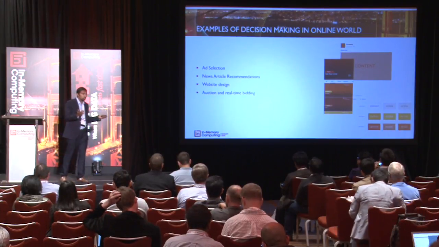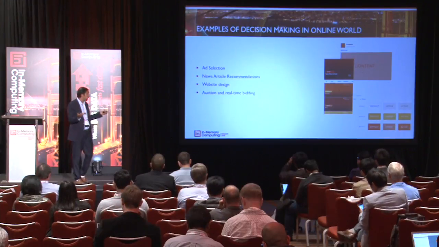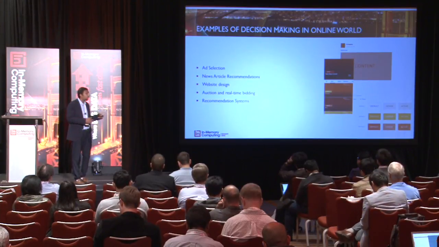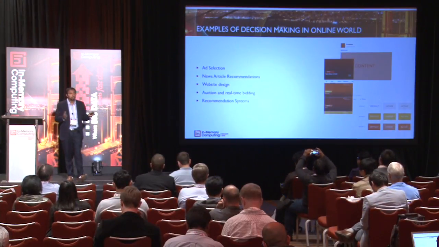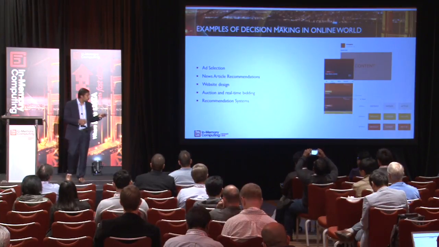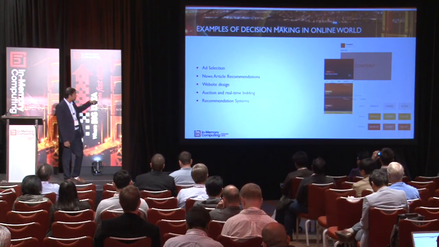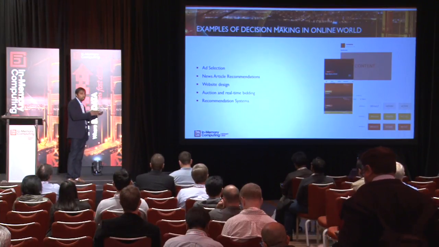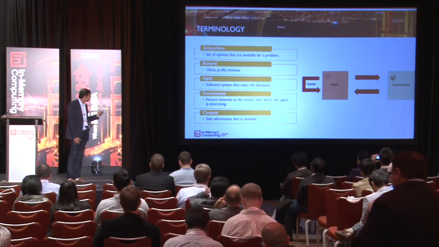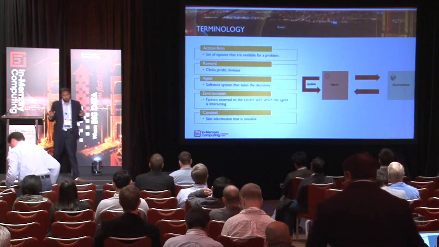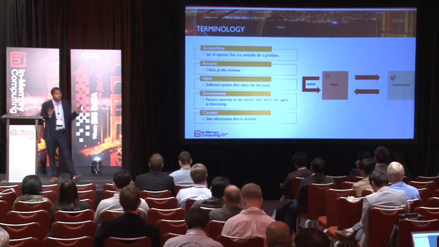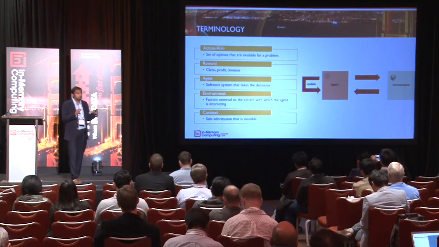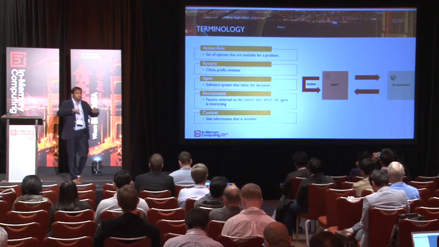The other things, which deal with money, could be real-time bidding and auctions, and recommendation systems in general can be thought of as decision-making problems. So we'll be looking at some of these problems and the algorithms that enable these kinds of decisions in an online world.